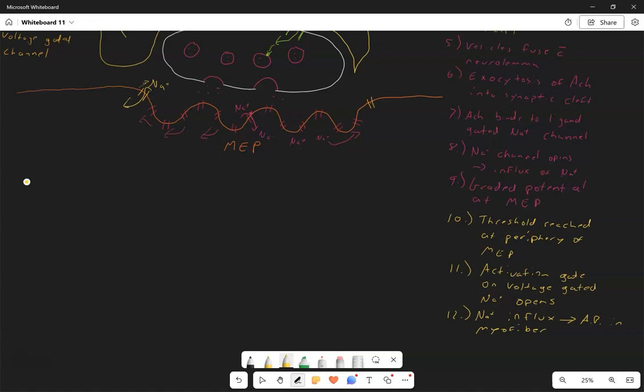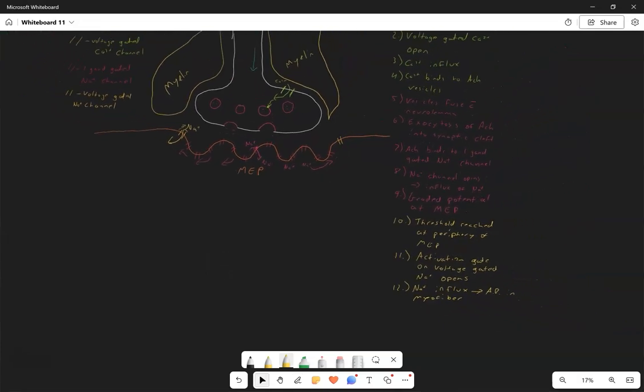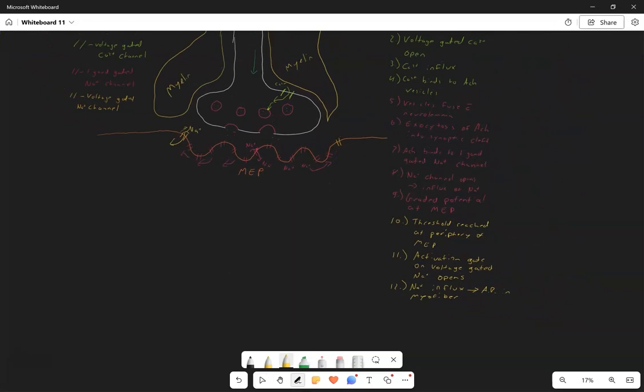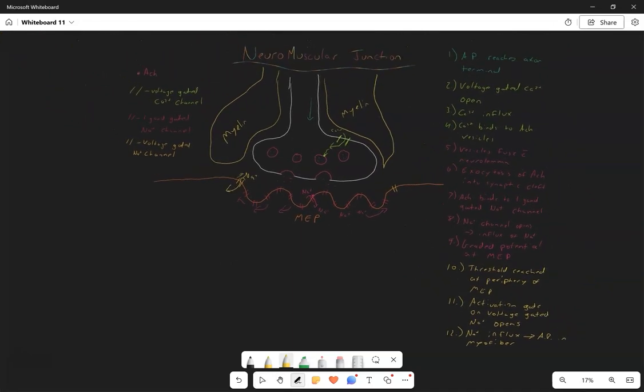Okay, so all the events that happen at the neuromuscular junction, right here. So what you have is this action potential coming down the motor neuron, activating the voltage-gated calcium channels.